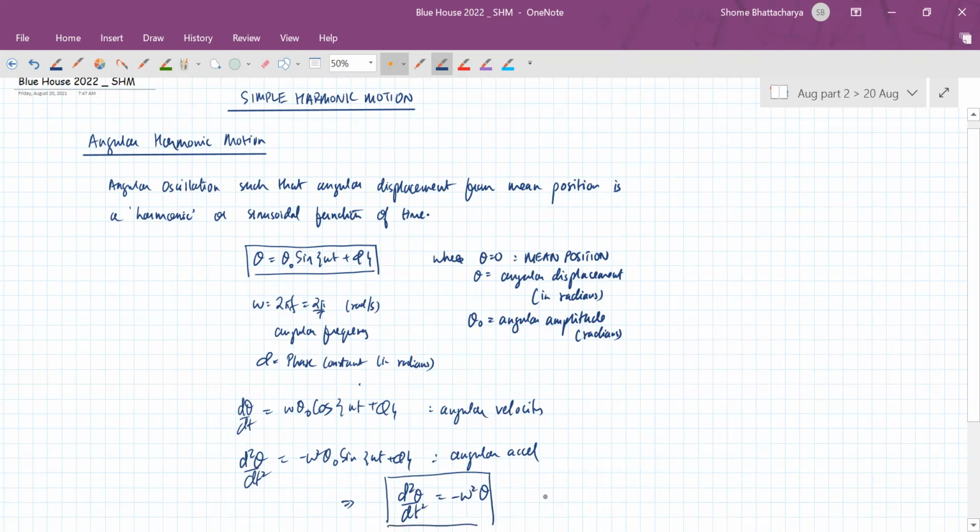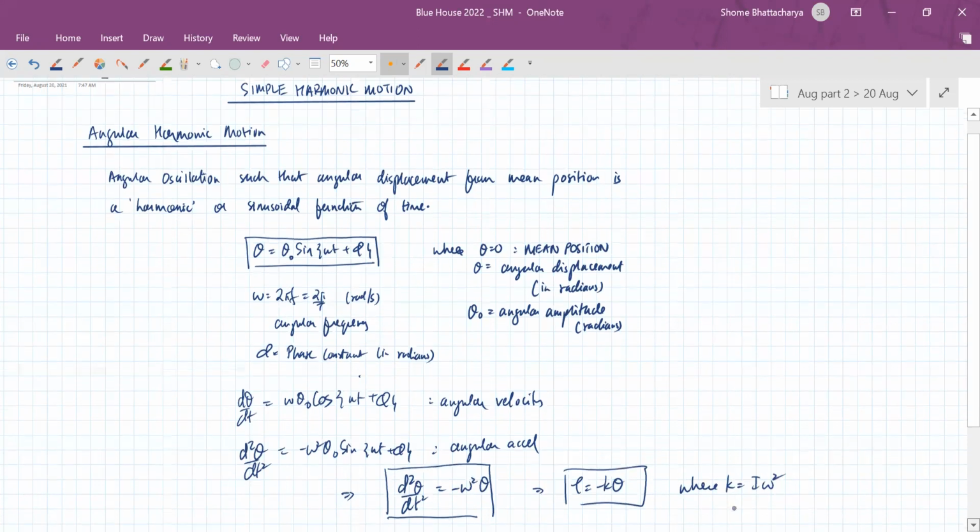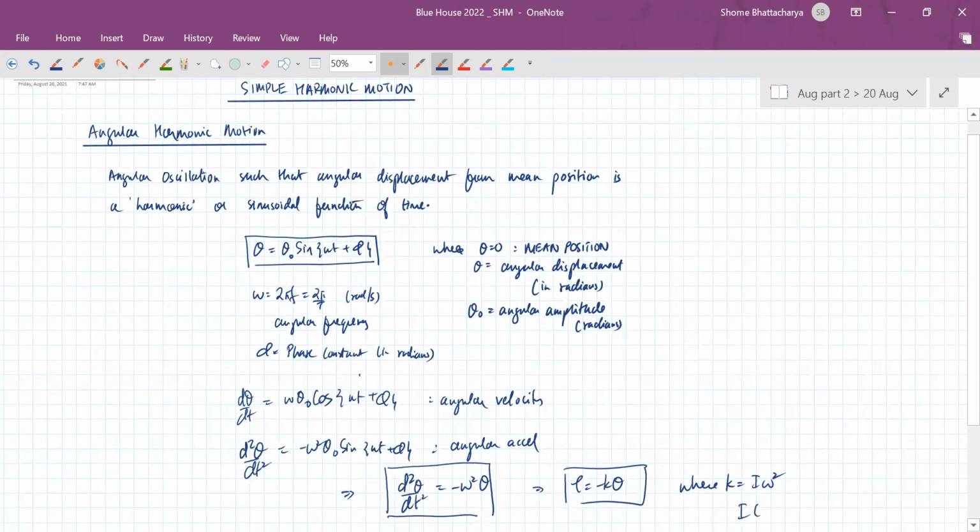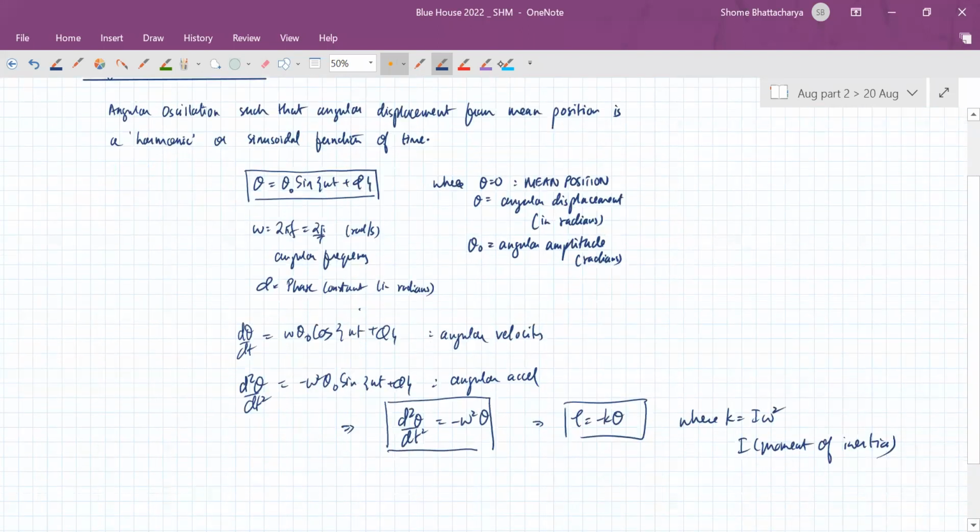So this tells us that the net torque would be equal to this type. So this becomes the dynamical condition of angular harmonic motion.